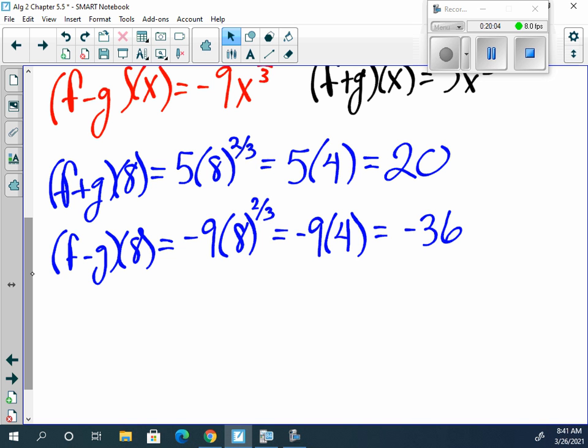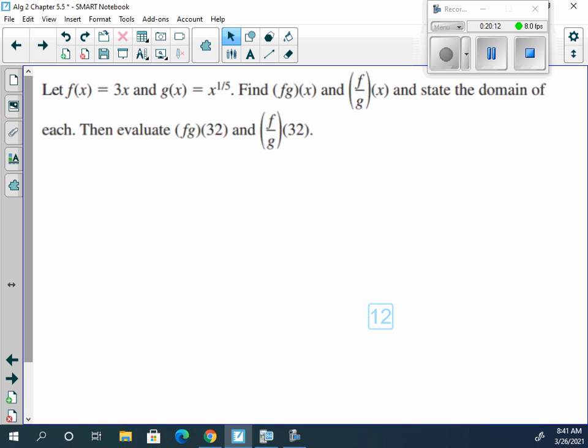Questions on this here? All right. We're going to do this here with our multiplication and division. Then we're going to look at one more, and then we are done for this week.